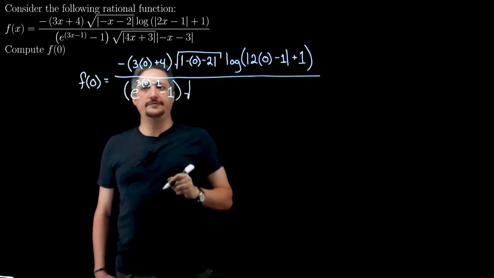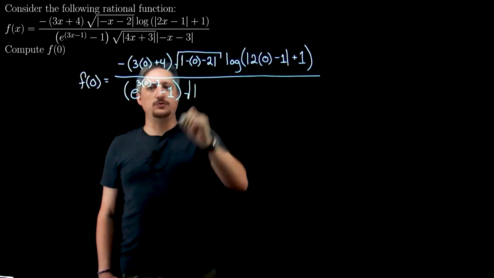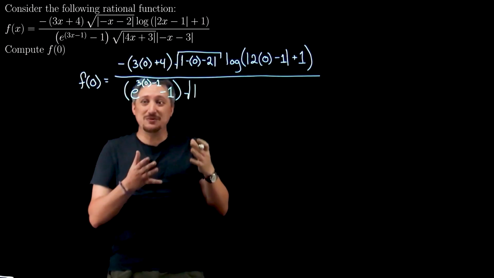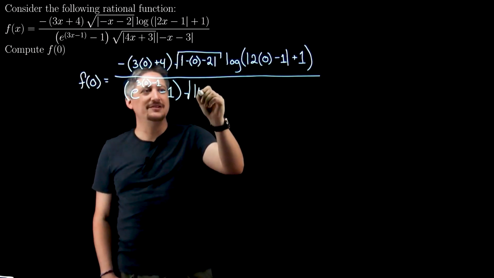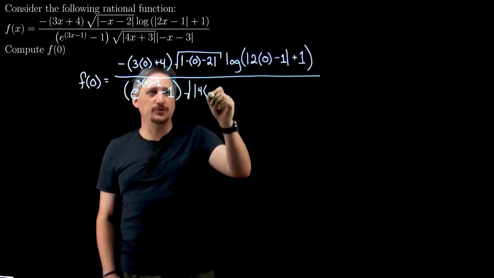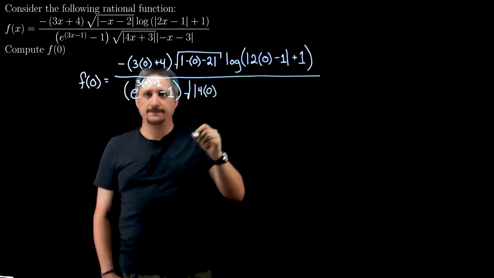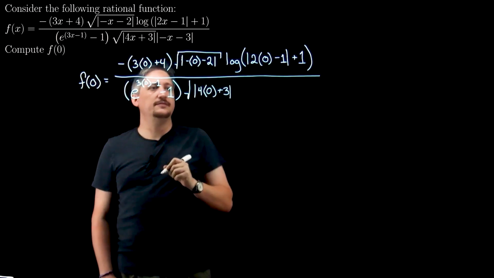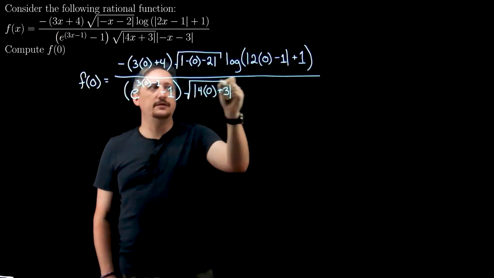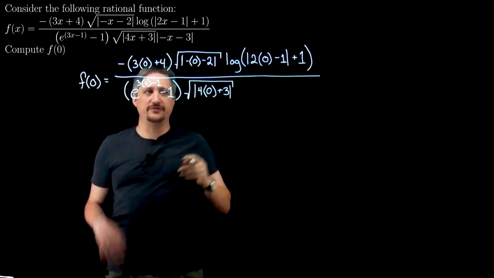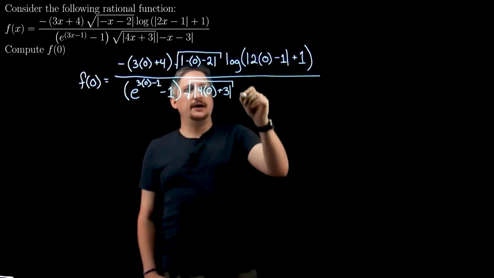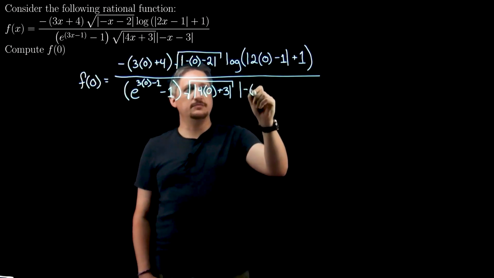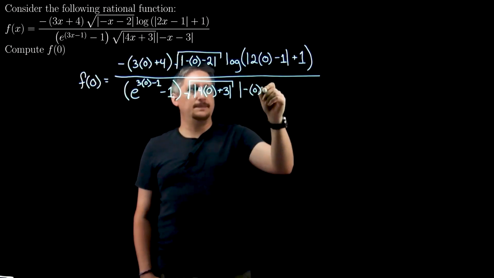Then we have square root of, absolute value of, 4 times 0 plus 3, close my absolute value, then that is all of the square root. And then I have another absolute value, minus, 0, minus 3.